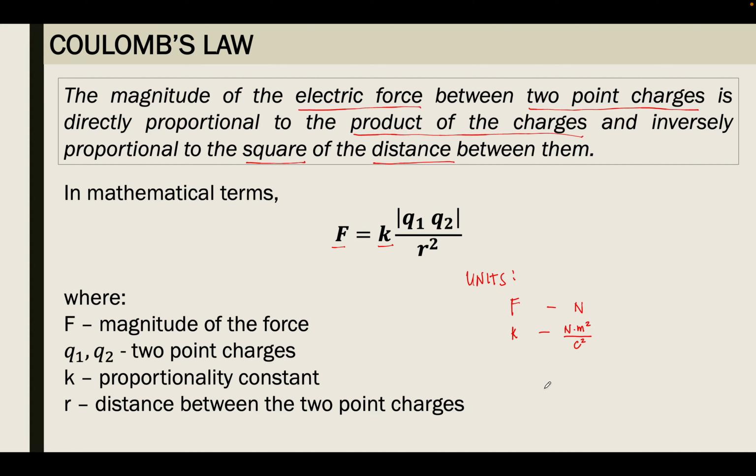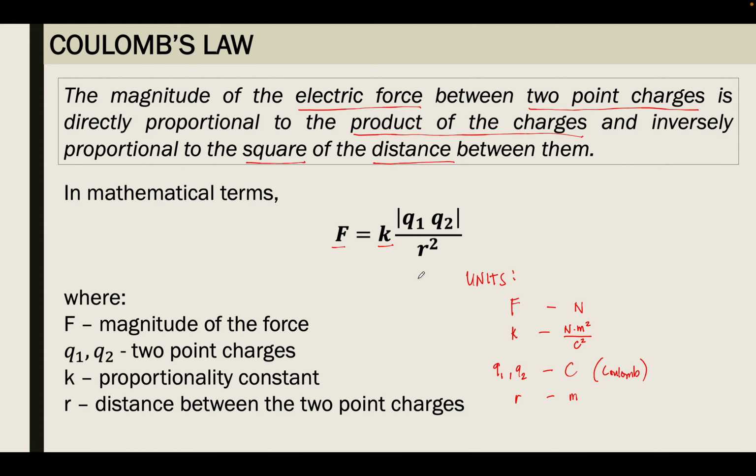Okay. So, kaning si Coulomb na unit is the unit of our point charges. So, we have Q1 and Q2. Ang unit ana niya is capital letter C, which stands for Coulomb. And then for our R, we have in terms of meter. So those are the following units of our variables in Coulomb's law na equation.